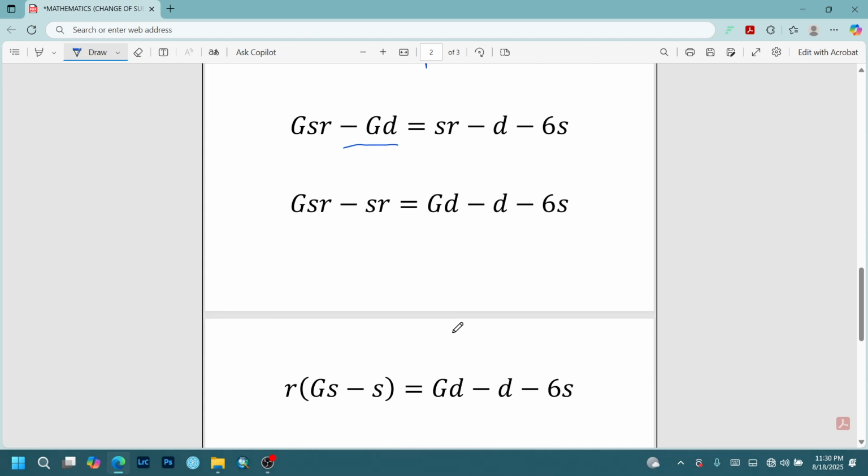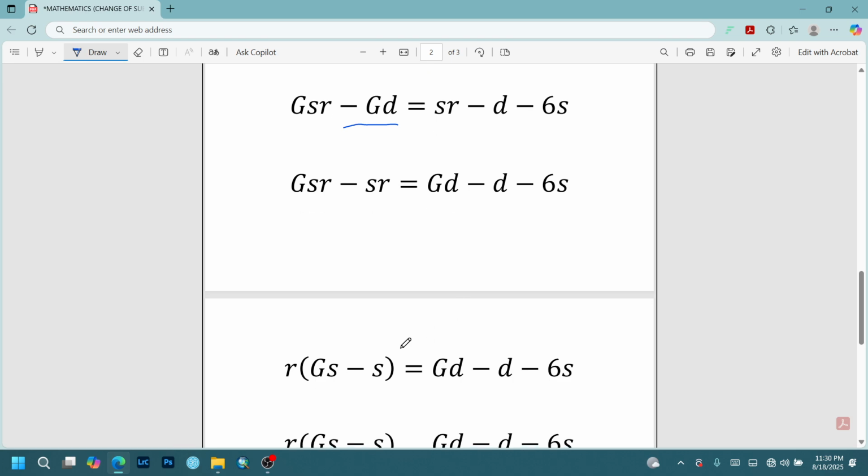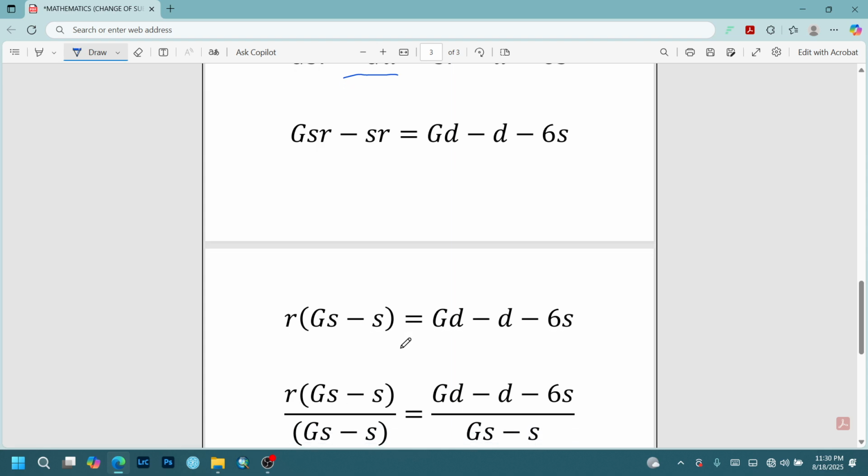So we have our equation to be R, in brackets, JS minus S equals gene D minus D minus 6S, right? So we want R to become independent, but R is dependent on JS minus S. So we have to cancel out with JS minus S, right?